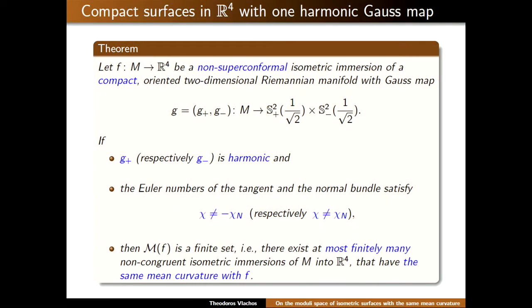So in the case where G plus is harmonic, we assume that the Euler numbers satisfy this inequality, and accordingly in the other case. In this case, we are able to prove that the moduli space is a finite set. So there is no S1 component in the moduli space.